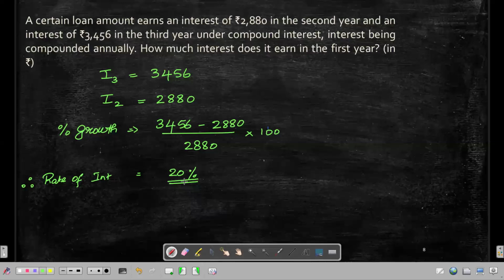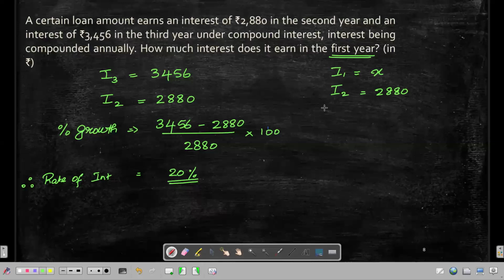Now, in the question it is asked, how much interest does it earn in the first year? They are asking you, what is this I1? Let us consider the interest earned in the first year I1 equal to X. I2 is equal to 2880.